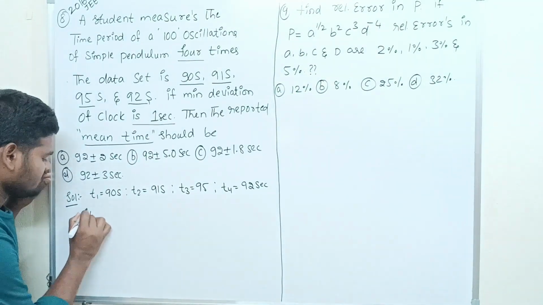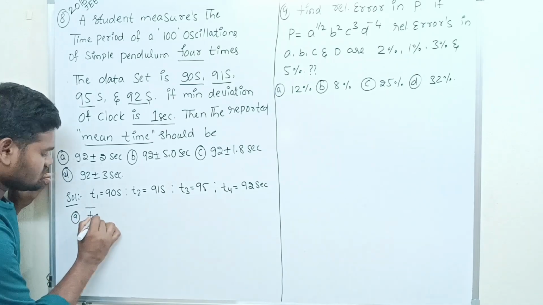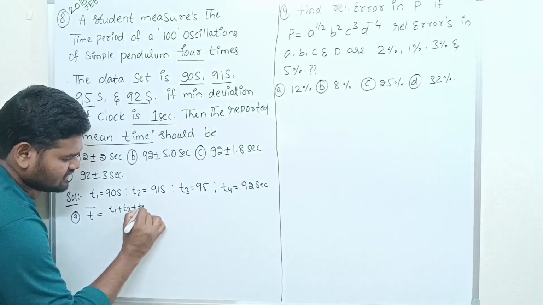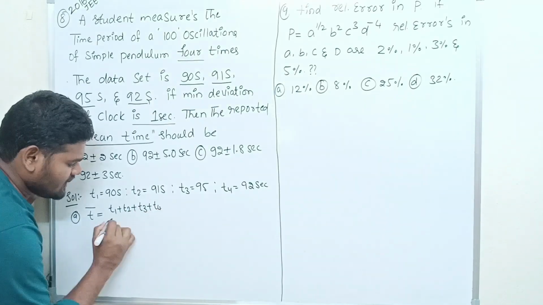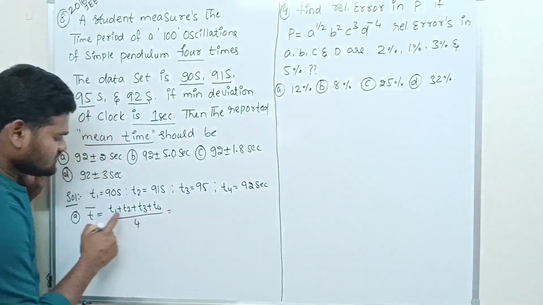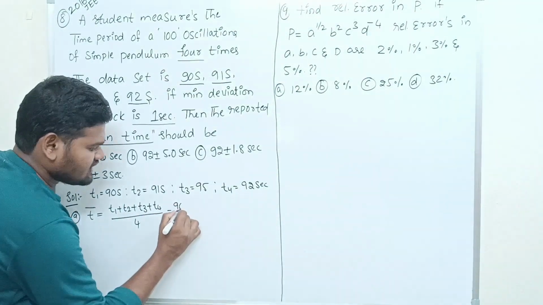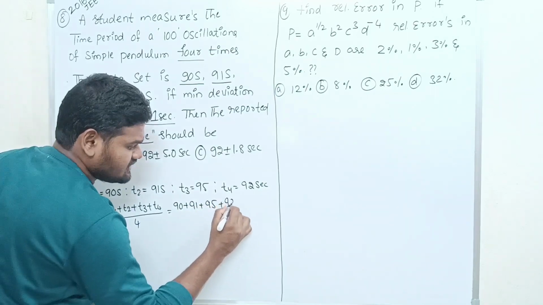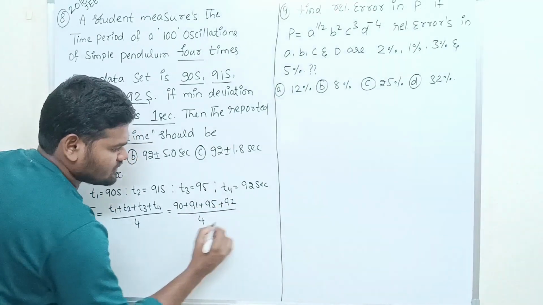First we have to find T mean. T mean is equal to T1 plus T2 plus T3 plus T4 divided by the total number of measurements. How many? 4. So T mean is equal to 90 seconds plus 91 seconds plus 95 seconds plus 92 seconds divided by 4.